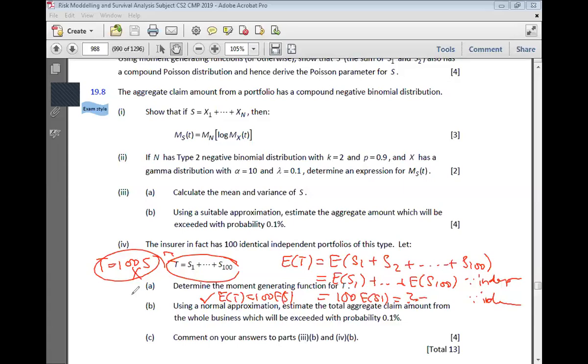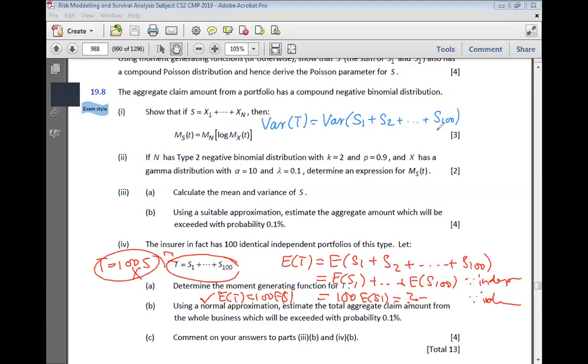So let us see. When I have to figure out the variance of T, what can I write this as? I will write it as variance of S1 plus S2 up until S100. I want everyone to look at what I'm writing and leave whatever you are trying to solve.